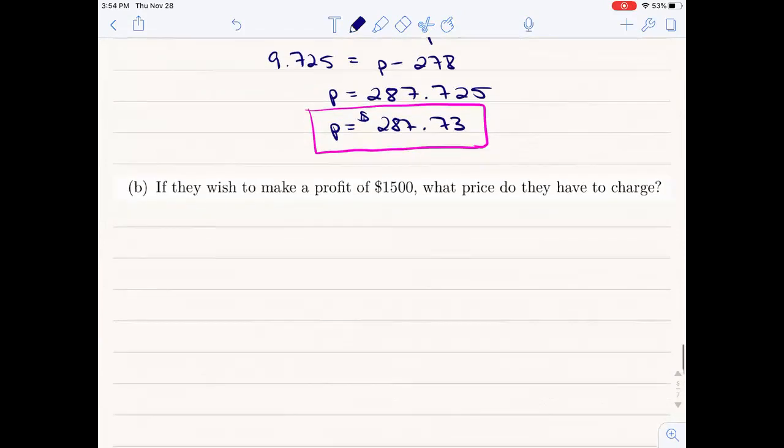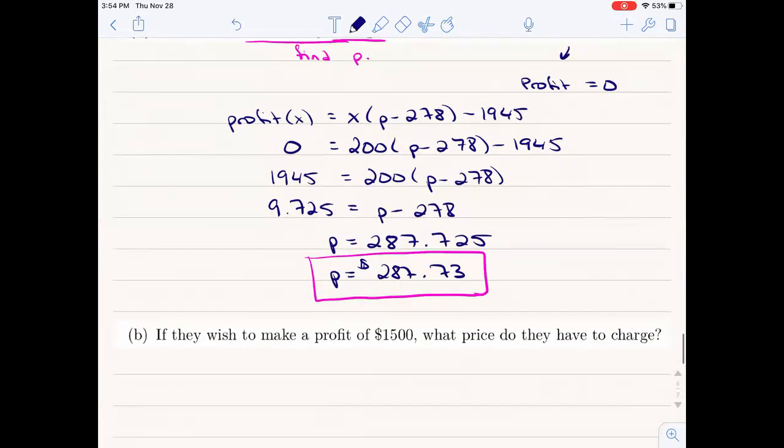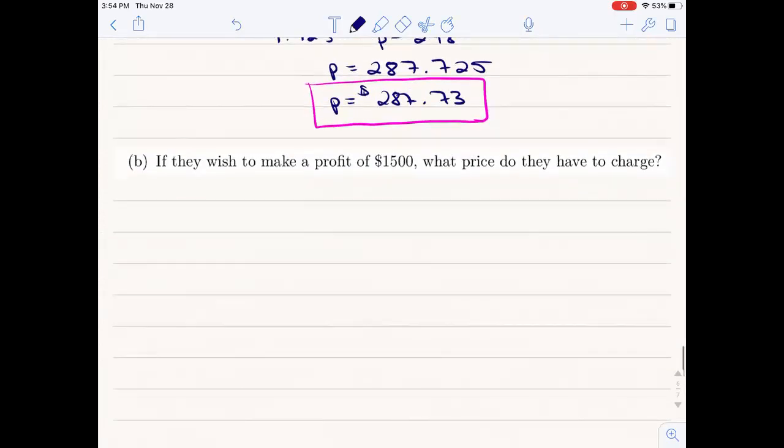They might want a little bit more. But now, same idea, right? Instead of forcing our profit to be 0, we're going to force it to be 1,500. And then again, solve for P. So it's the exact same problem, just with a different profit.